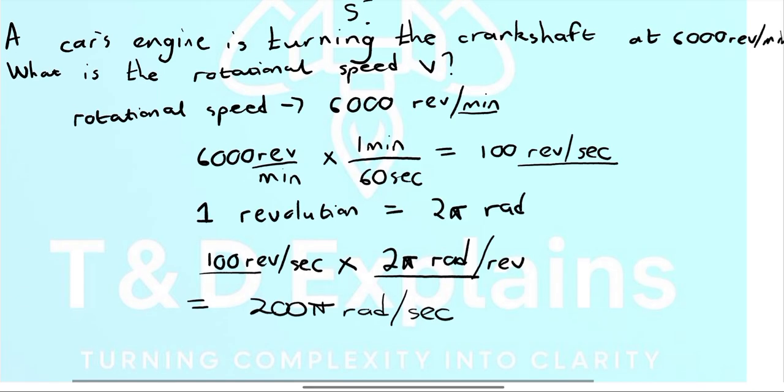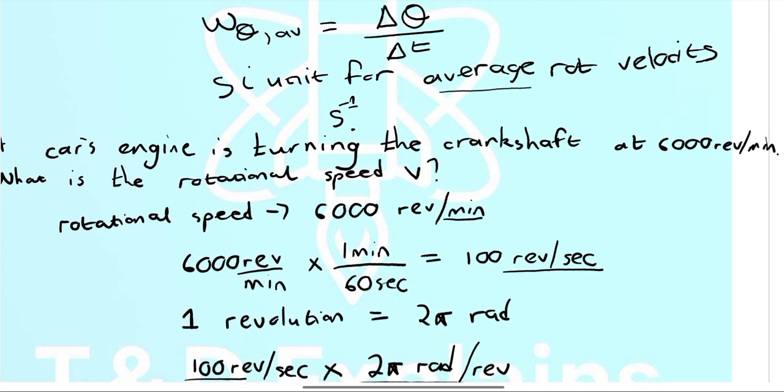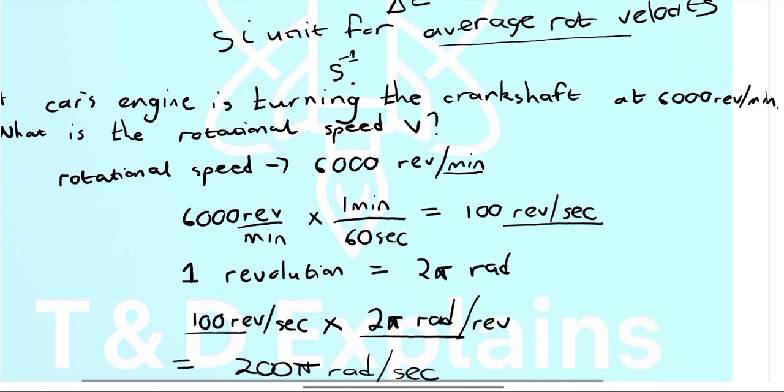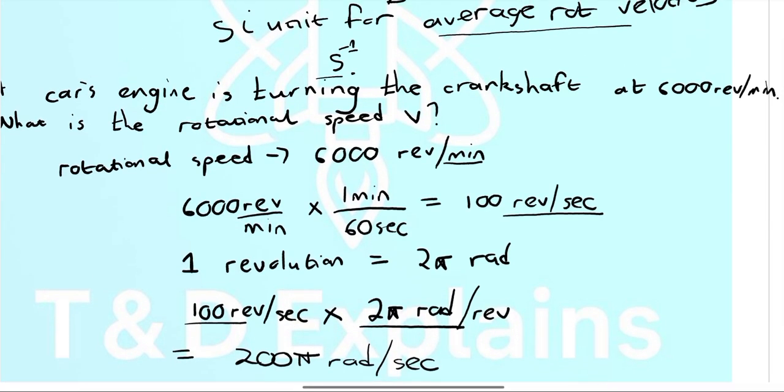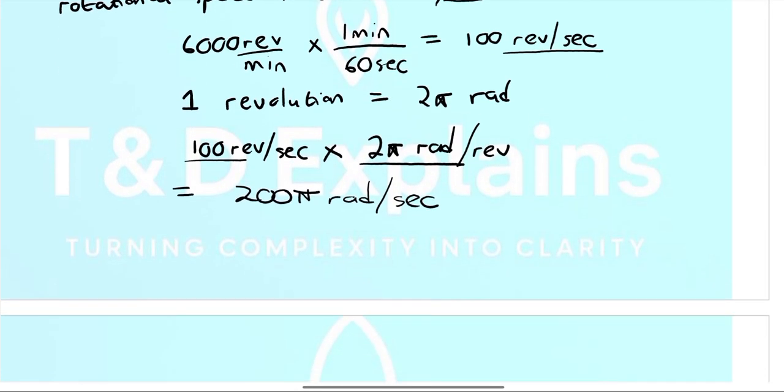As I've said above, the SI unit for angular velocity is s to the power of negative 1, which is per second. You can ignore these radians here and just write 200 pi per second. Okay, so this is our answer for this question.